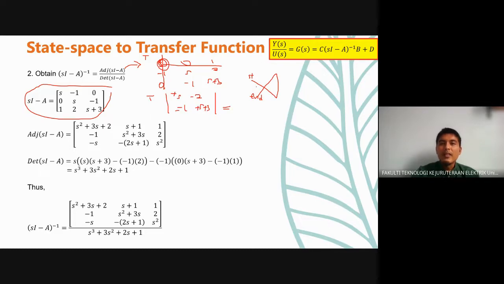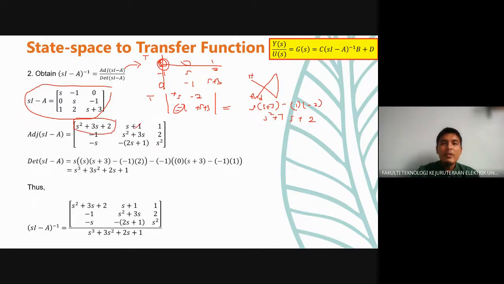So finally you will get s multiplied with s plus 3, minus this one which becomes positive, positive 1 multiplied with the -2, and you get s squared plus 3s plus 2. Okay, so you got this answer.